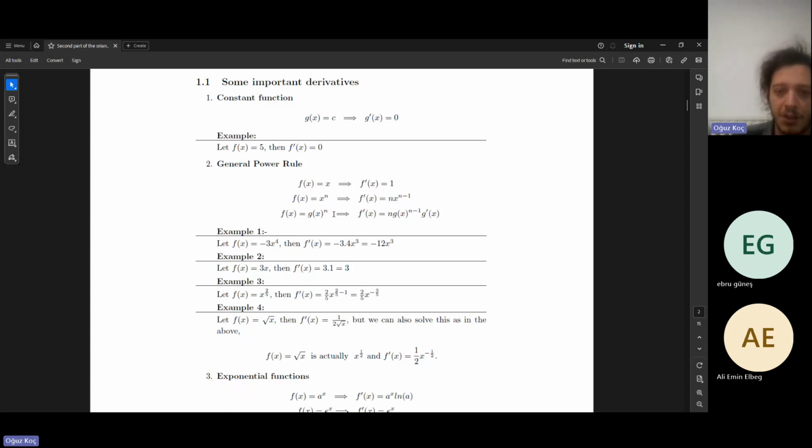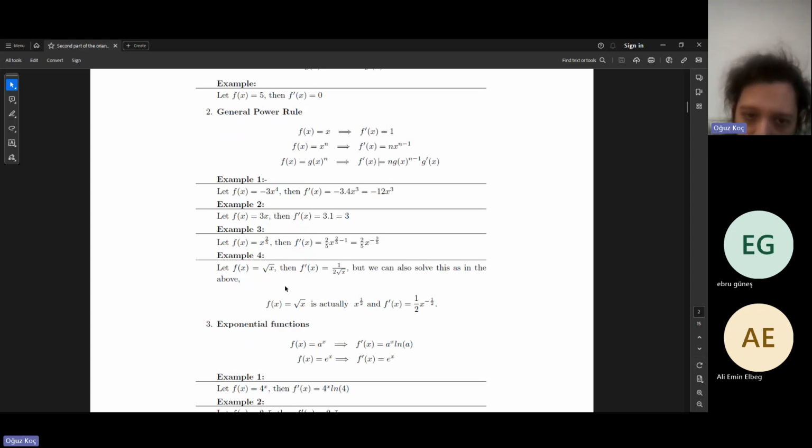When you take the derivative, it's kind of similar, but this time we have an additional derivative here, which is the derivative of the underlying base function. It is also included here and multiplied by the power of the function, and we reduce the power of the function by 1, and then we multiply by the derivative of the base function, and then we get the derivative of f.